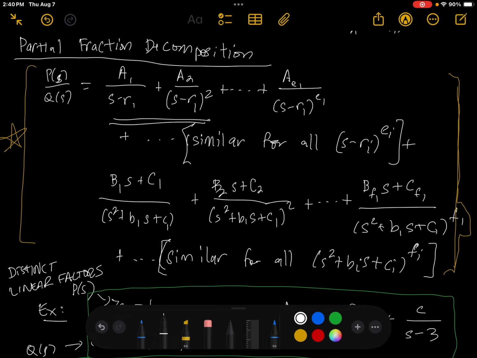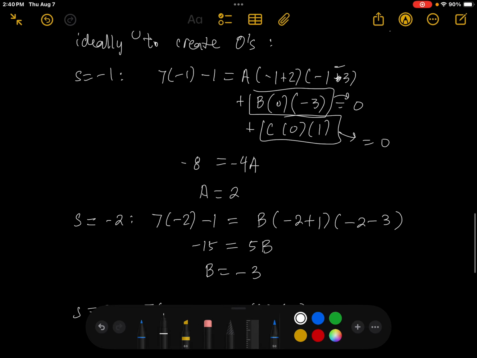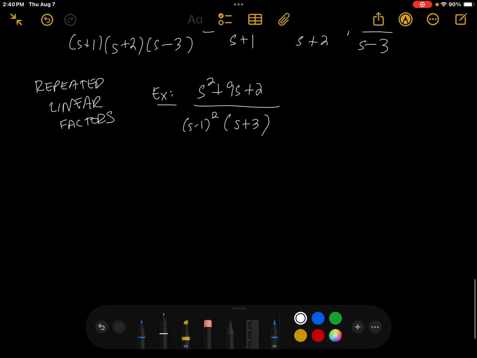So for this s minus 1 part, you're going to have a sum of two things. There's a constant over s minus r1 plus a constant over s minus r1 squared. So what does that look like? Here, we are going to get a constant over s minus 1 plus a constant over s minus 1 squared.